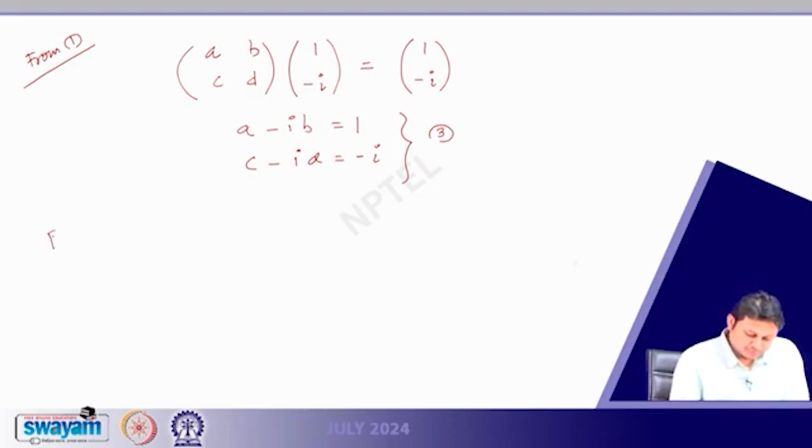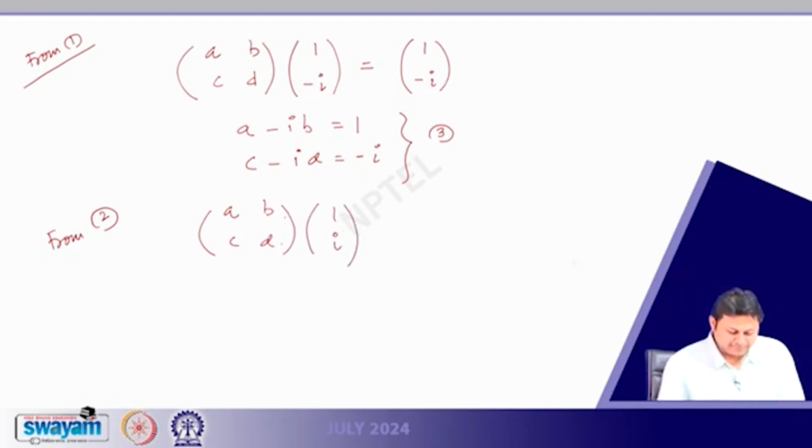Also, from condition 2 I can get a similar thing, but here, instead of right circularly polarized light, I put left circularly polarized light, which is orthogonal to the right circularly polarized light.